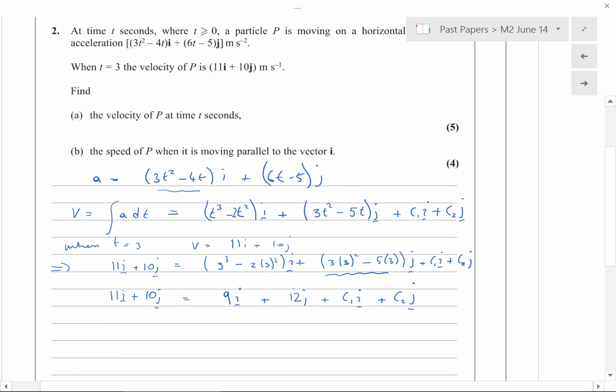Okay, so that gives us that c1 i plus c2 j equals 2i minus 2j.